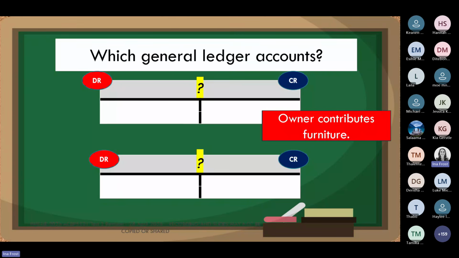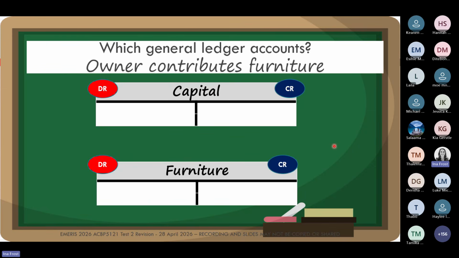If we are asked to do a general journal entry, the first question you have to ask yourself is which general ledger accounts will be impacted by this entry. Our example said the owner contributed furniture, so the 2 general ledger accounts impacted are the capital account and the furniture account.